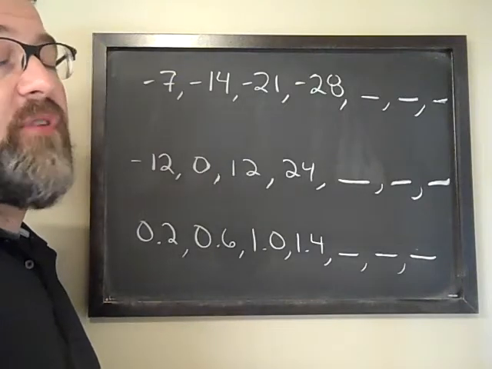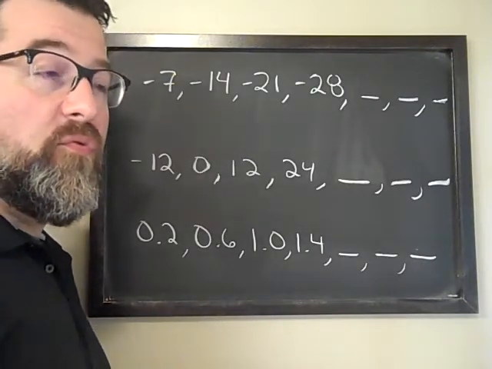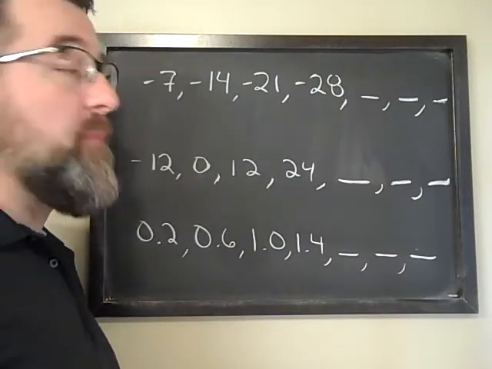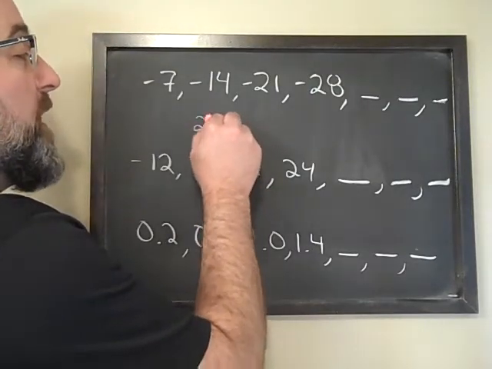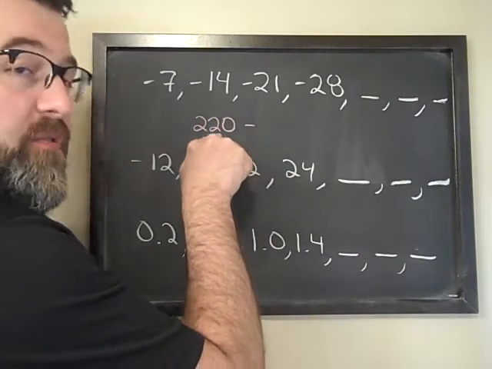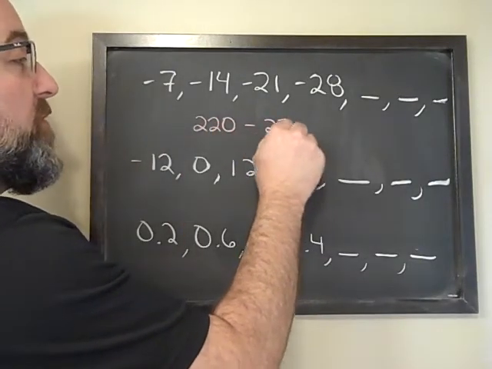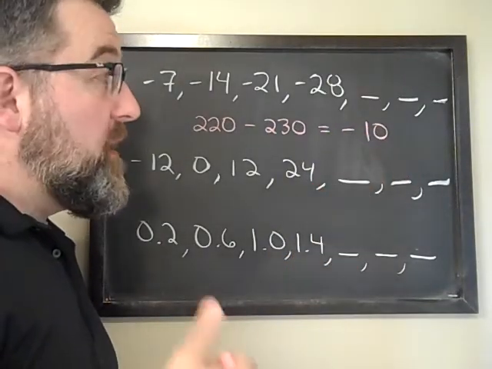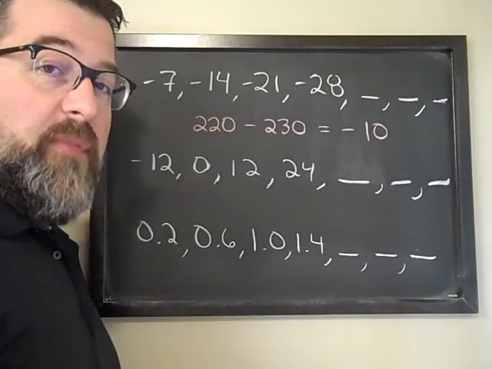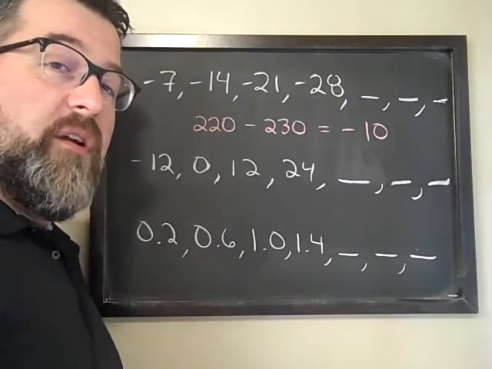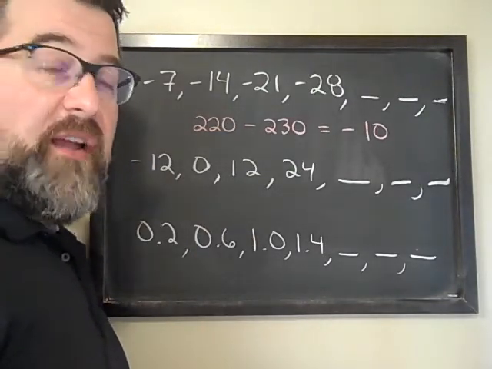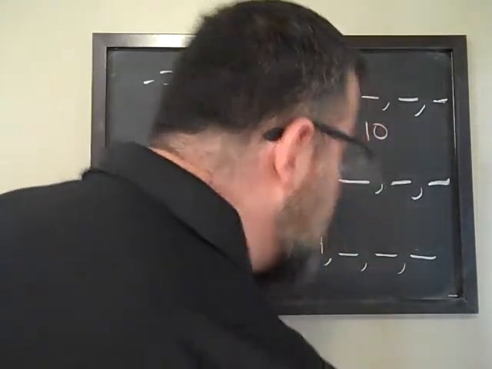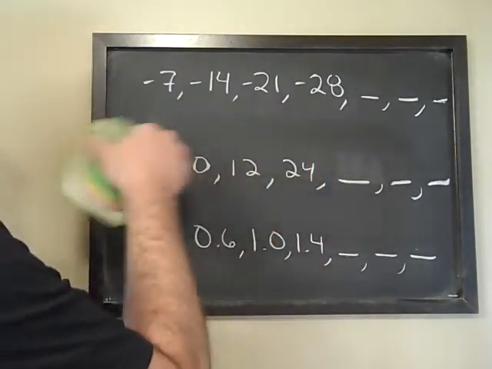Whereas if I said this year I weighed 220 and last year I weighed 230, the new value minus the old value, the 220 minus the 230, you get a difference of negative 10. So if I said, what's the difference in my weight? This year I weighed 220, last year I weighed 230, you would say the difference is negative 10, which shows a loss of 10 pounds. So, new minus old, that's how you're going to find difference.